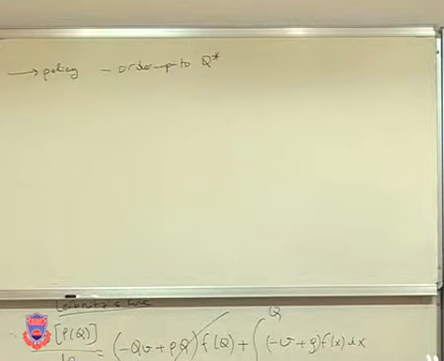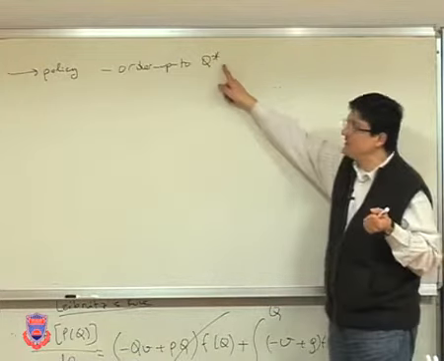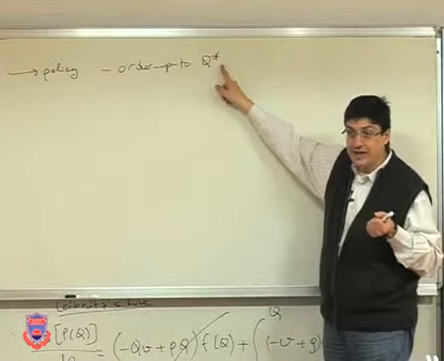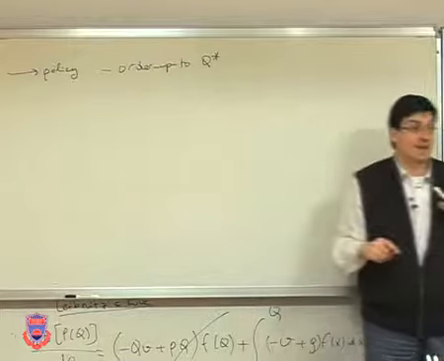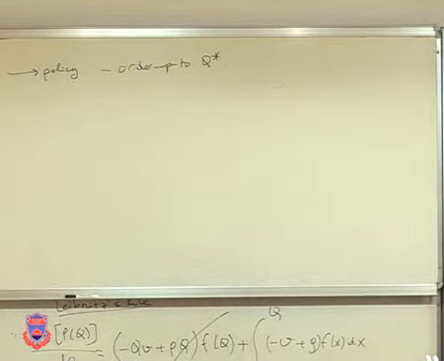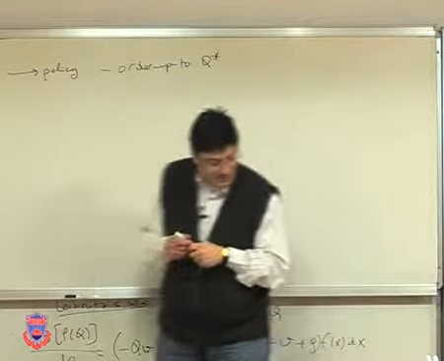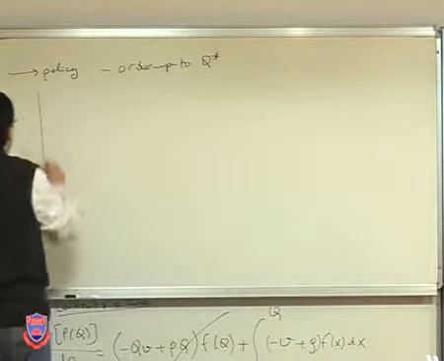So this level is such that even if you have starting inventory, you order a quantity so that you start the new period with Q star.